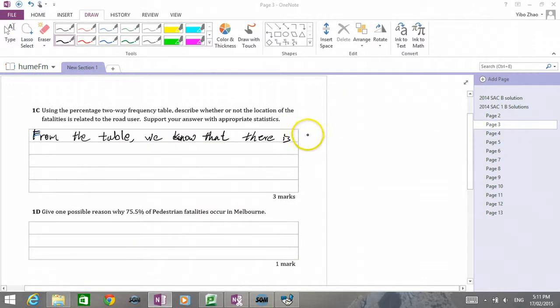That is a high fatality at Melbourne, which is 75.5%. Sorry guys, it's kind of hard writing down there.